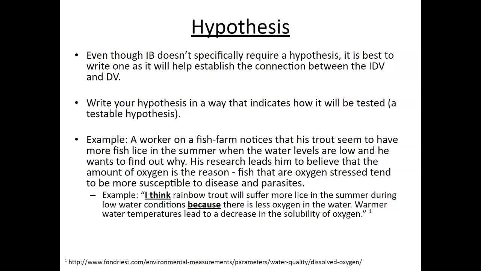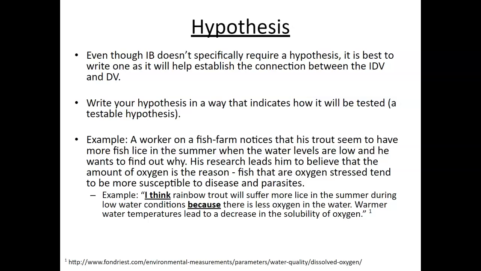So here's an example. A worker on a fish farm notices that his trout seem to have more fish lice in the summer when the water levels are low, and he wants to find out why. His research leads him to believe that the amount of oxygen is the reason. Fish that are oxygen stressed tend to be more susceptible to disease and parasites.